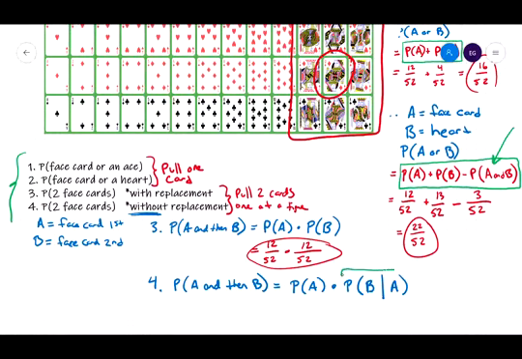This part here is pronounced probability of B given A. This is shorthand for the probability of B given that A has already happened. And so this is the multiplication rule, the general multiplication rule.